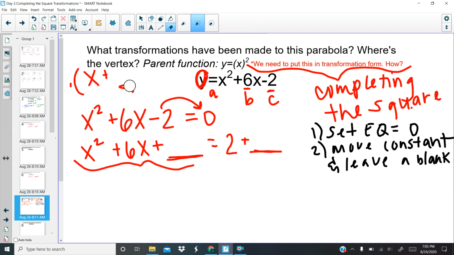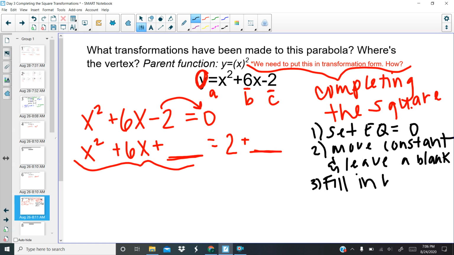So the way that you get the number in the blank is, and this is just a rule that you guys will have to remember, you take the b value. So the b value in this case, it was the 6, so the number in front of the x. Take that b value, divide it by 2, and then square it.